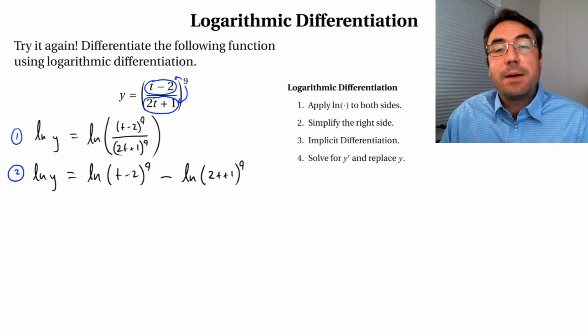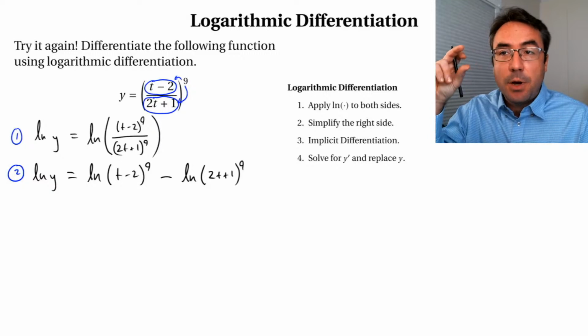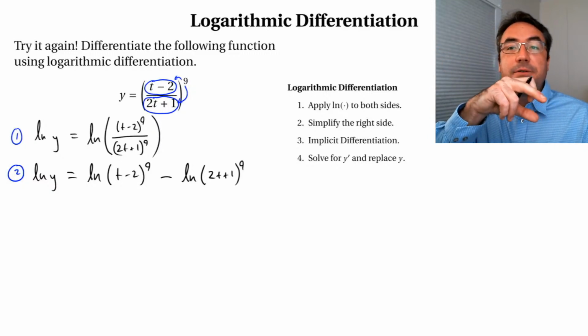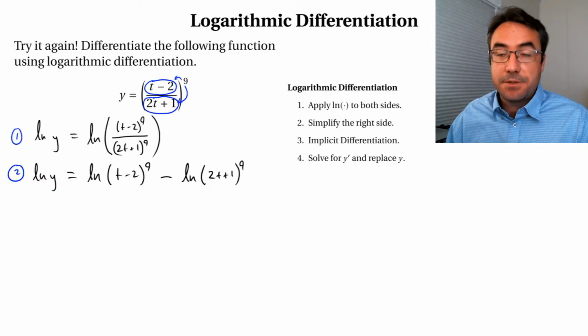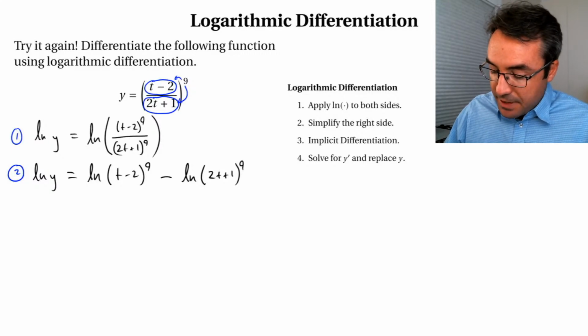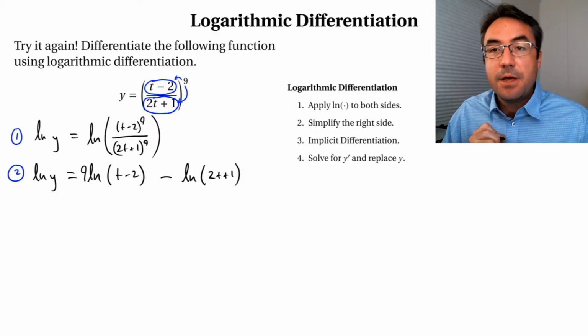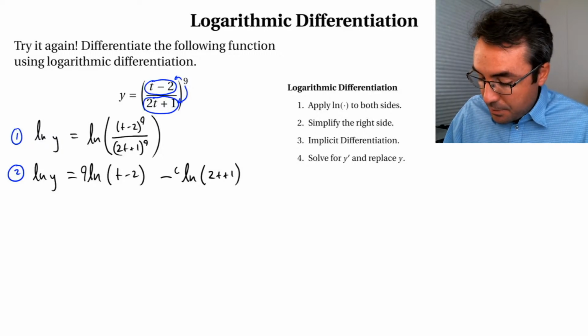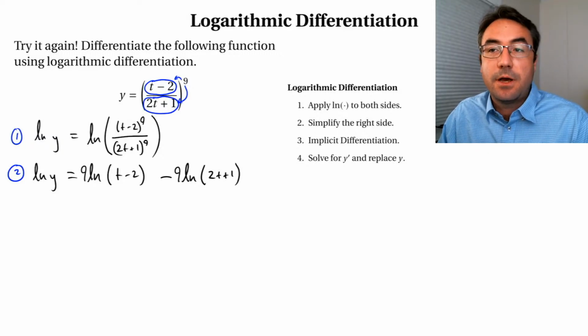Now there's also a property that lets us take those exponents, move them outside of the natural log and put them in front. So instead of having the 9 here and the 9 here, I'm just going to move those out and put them in front of the natural log. So I'll put the first 9 in front of that first natural log, and then I'll put the other 9 in front of the other natural log.